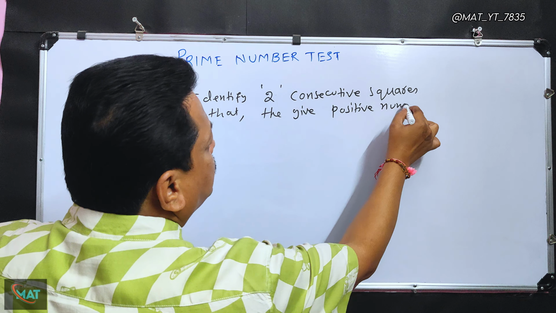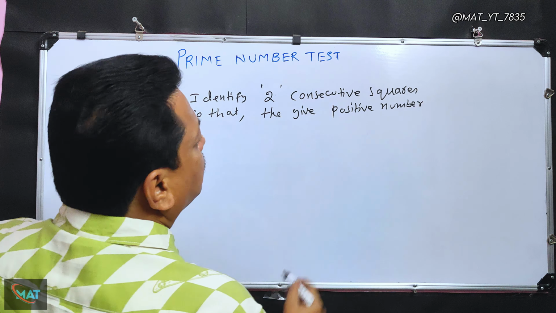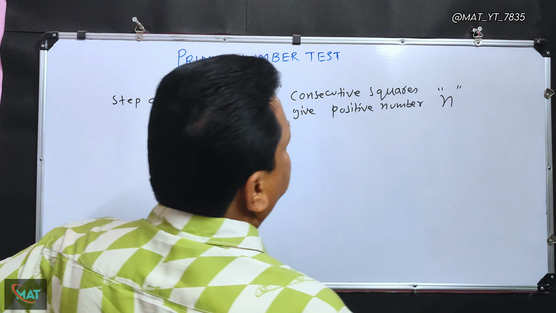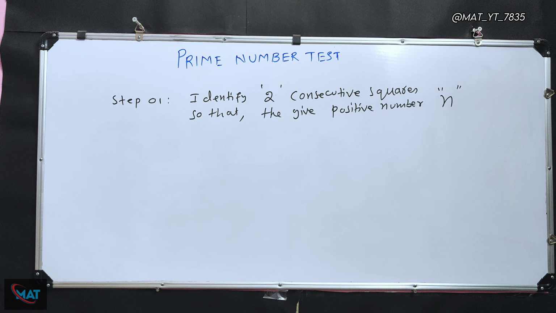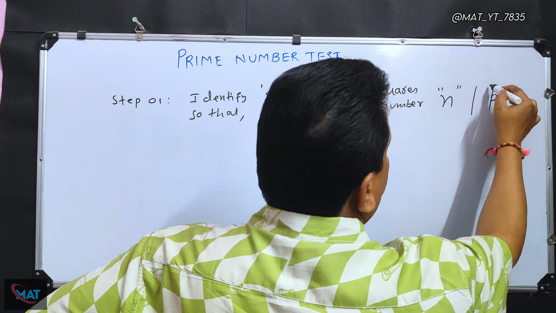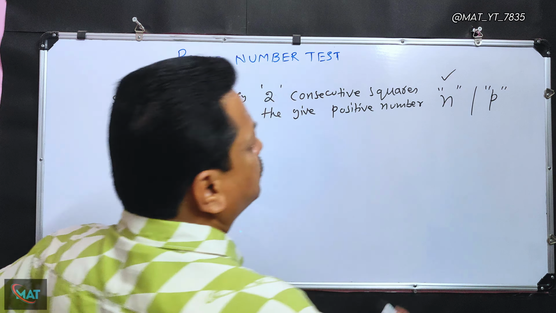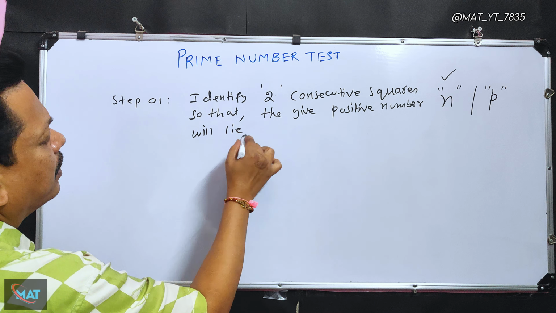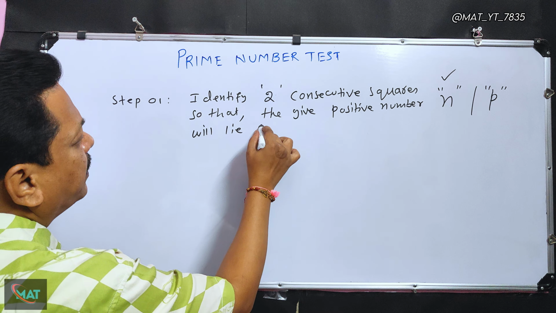We discuss only positive primes. The given positive number, let us say small n, or you can take small p. Better we choose small n.